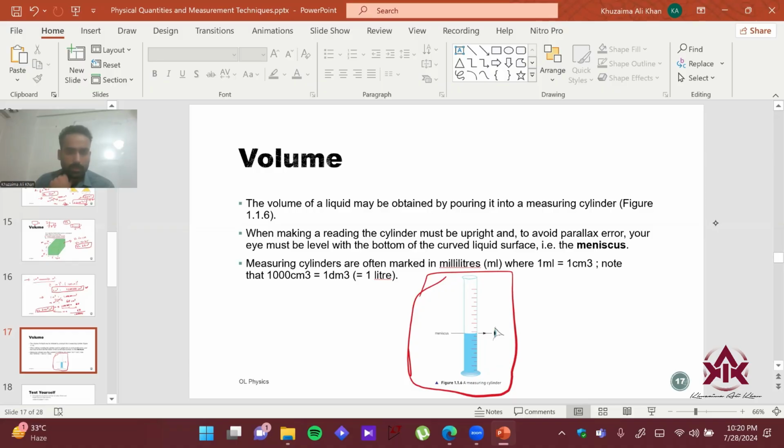You have a measuring cylinder over here, an instrument that you can find in your labs. Just go to your lab, grab one, pour some tap water into it, and find the liquid volume. So it's called a measuring cylinder.